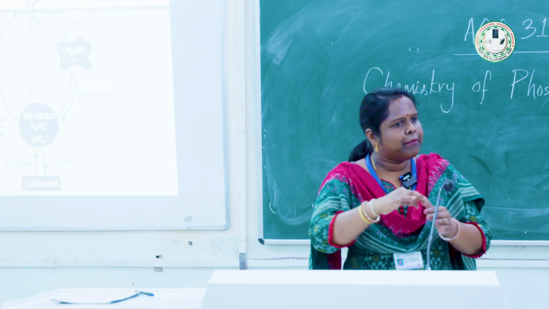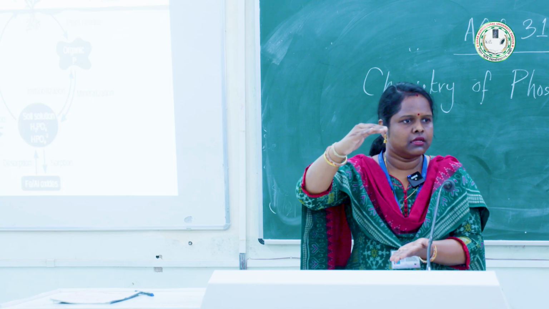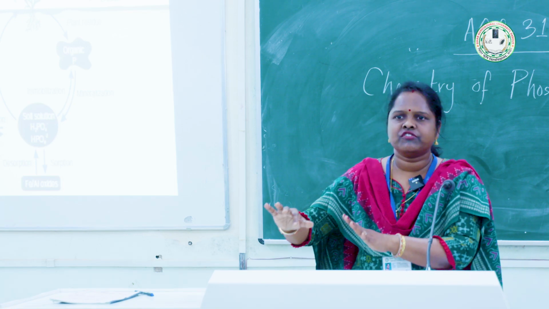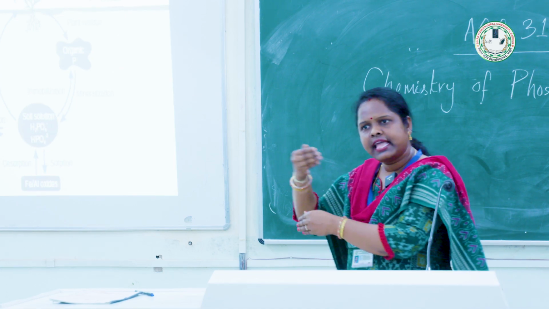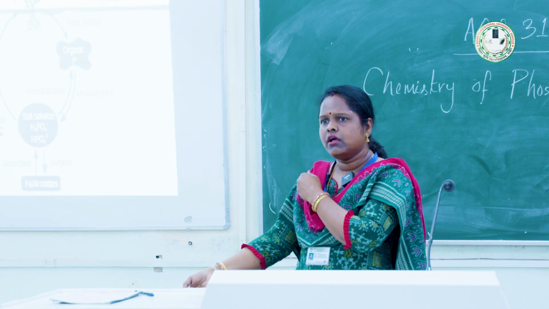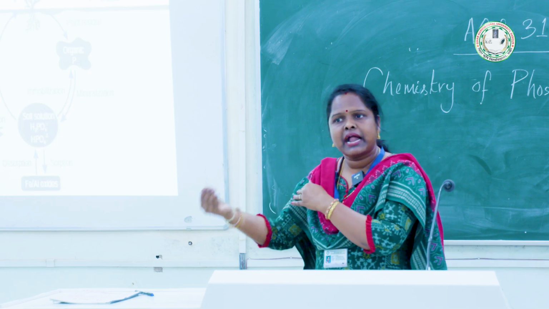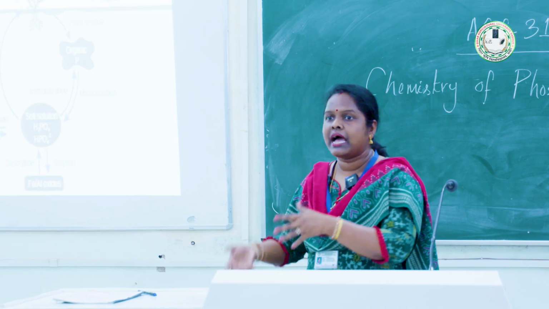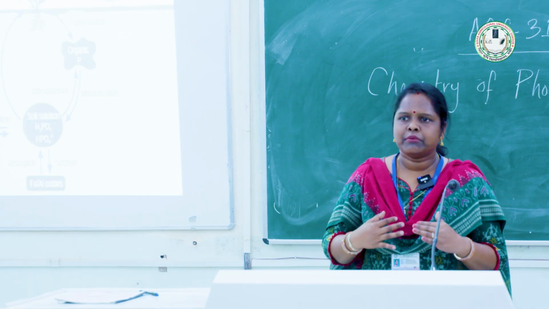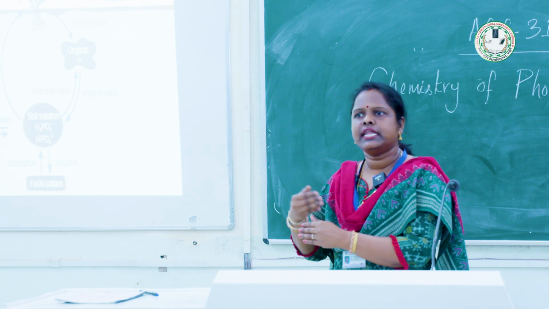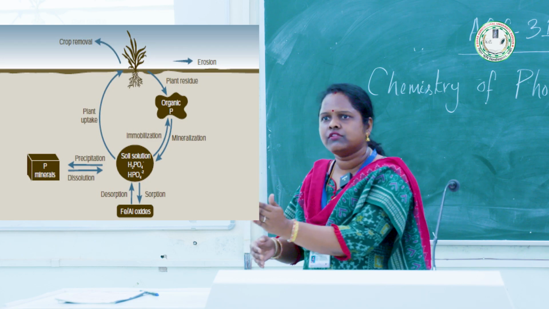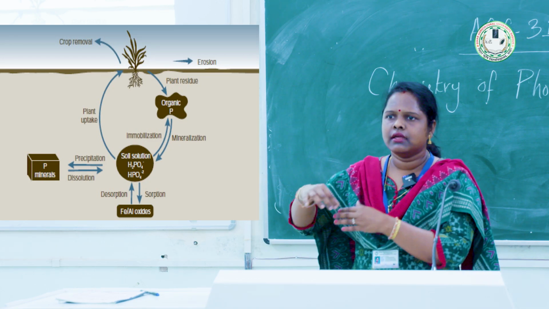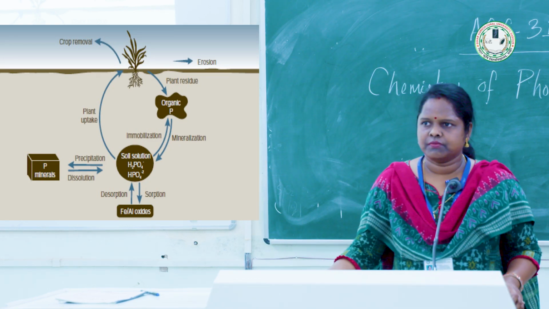Then what happens to the other parts of wheat? We generally use them for domestic purposes, or the rest of the plant is incorporated in the soil system. Along with that, after decaying of microorganisms as well as animals, the organic P goes to the soil system.